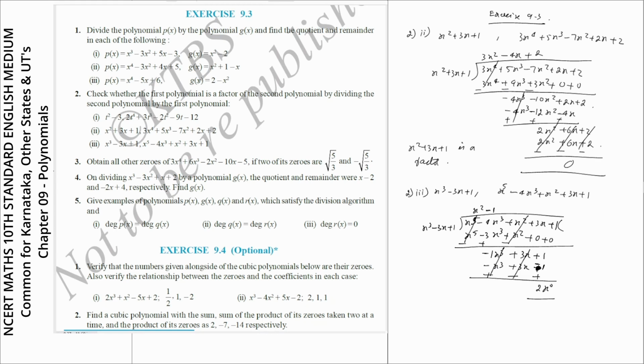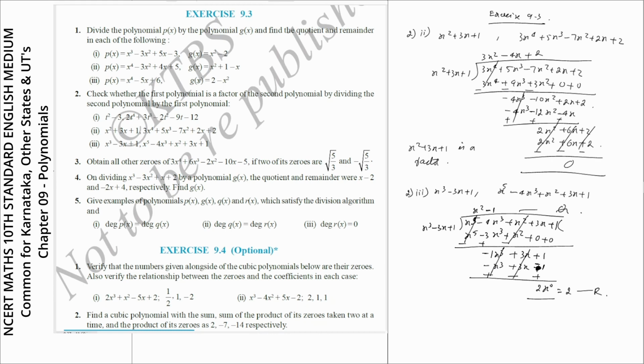So since the degree of the remainder is less than the degree of the divisor, I can't divide further. Okay. So 2 into x power of 0 is 2 only. This is 2, and this is the remainder. And this is the quotient.